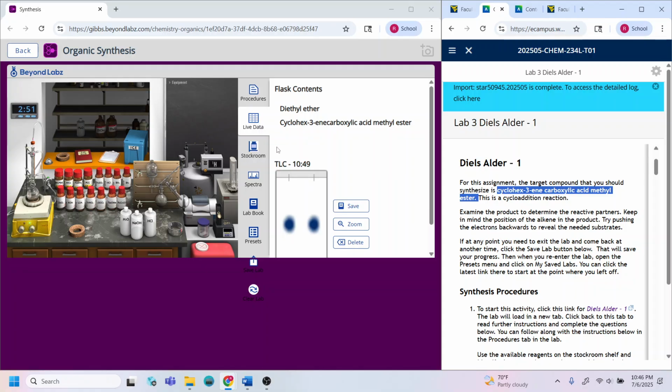Okay, so after you get your product, we're going to go ahead and, no, before TLC, we're going to go ahead and do the extraction, you guys, because we want to get rid of the diethyl ether. And this is organic, right? And your product is dissolved in an organic solvent. So we would need to separate the product.